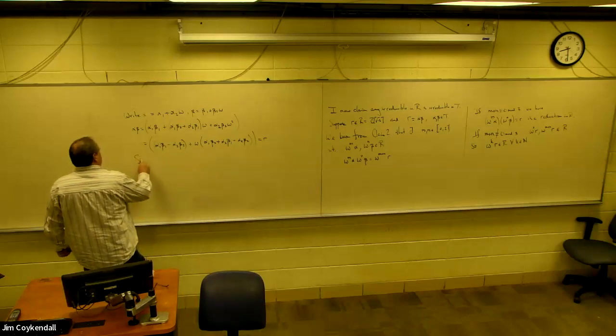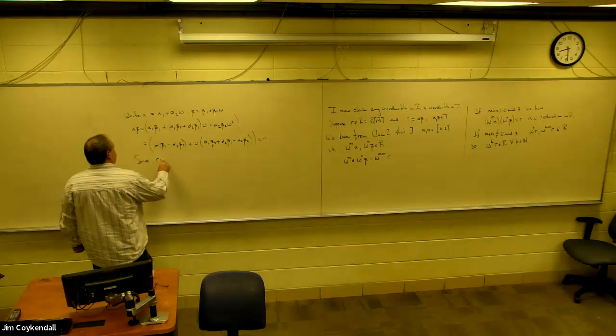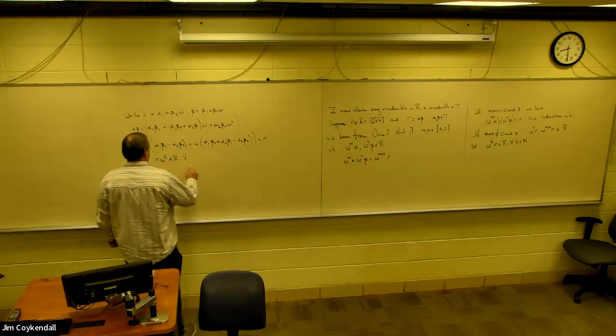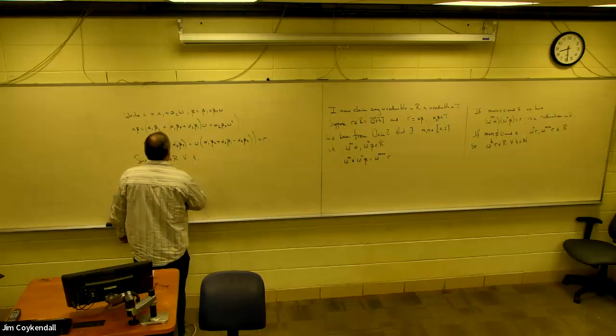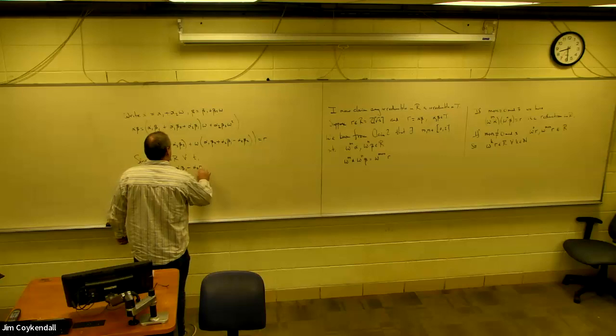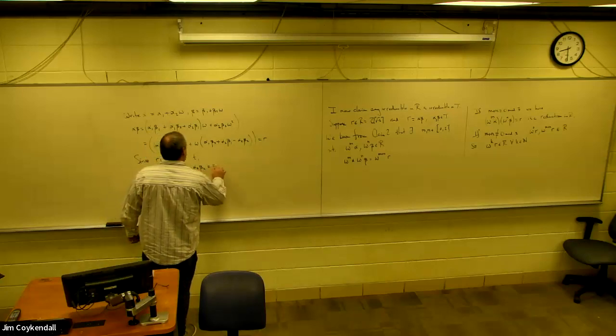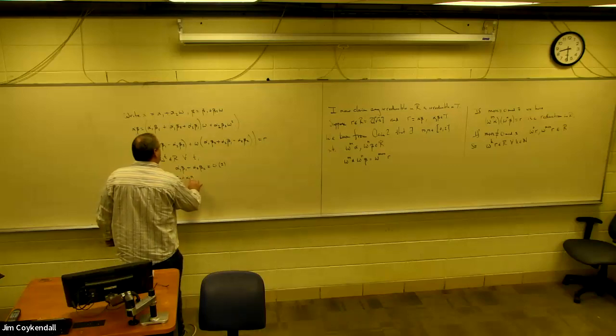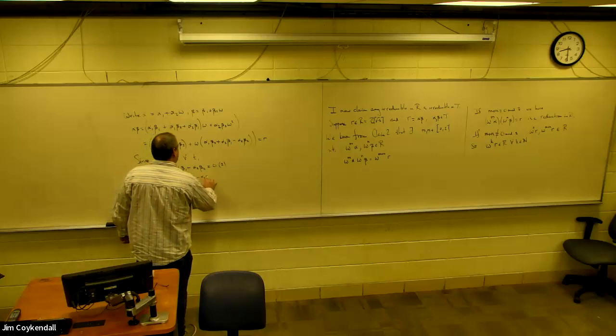Since R omega T is in R for all T, alpha 1 beta 1 minus alpha 2 beta 2 is equivalent to 0 mod 2. And alpha 1 beta 2 plus alpha 2 beta 1 minus alpha 2 beta 2.